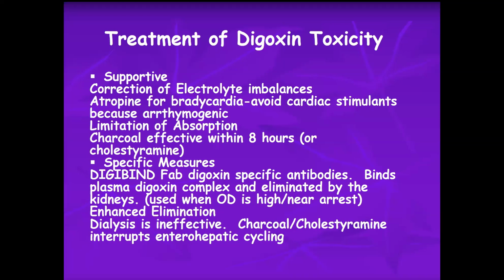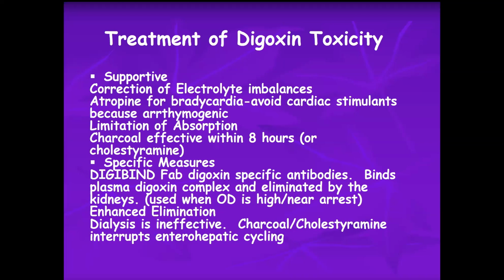Just to touch on the treatment of digoxin toxicity, it's usually supportive. It corrects the electrolyte imbalances, especially the hypokalemia, atropine for bradycardia, and avoid cardiac stimulants because they're arrhythmogenic. You can limit the absorption of digoxin by using charcoal, effective within 8 hours, or cholestyramine.